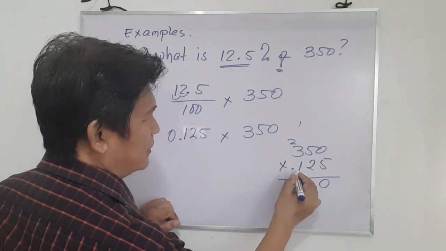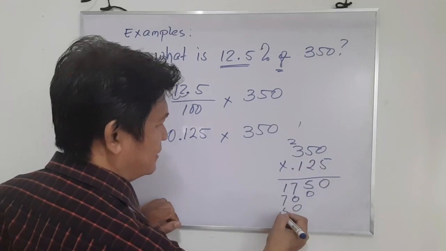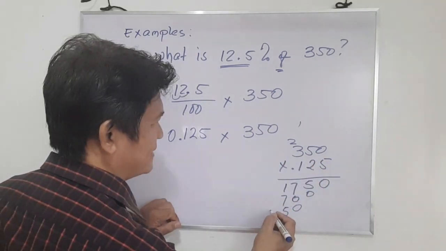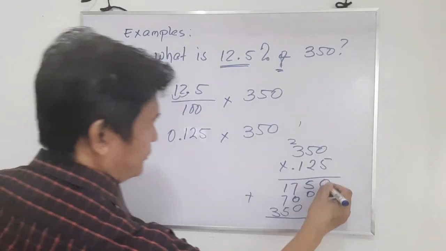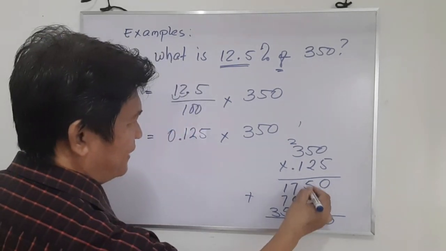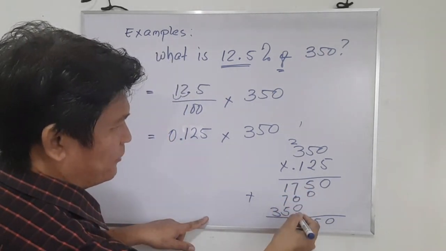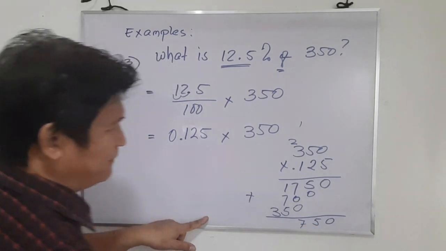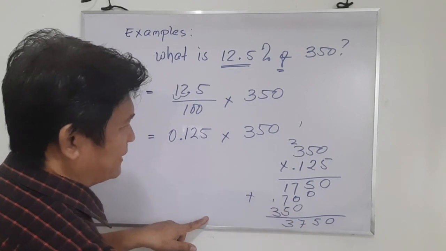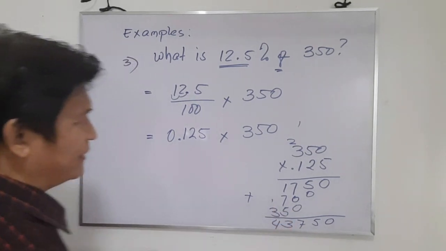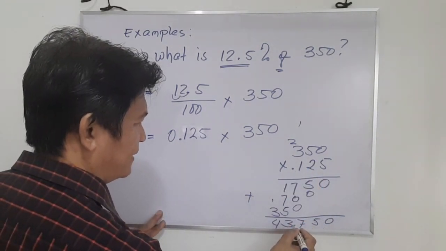And then 1 times 0 is 0. 1 times 5 is 5. 1 times 3 is 3. And then we add. Bring down 0. 5 plus 0 is 5. 7 plus 0 plus 0 is 7. 1 plus 7 is 8. Plus 5 is 13. Carry 1. 1 plus 3 is 4. And then your decimal point is 1, 2, 3.